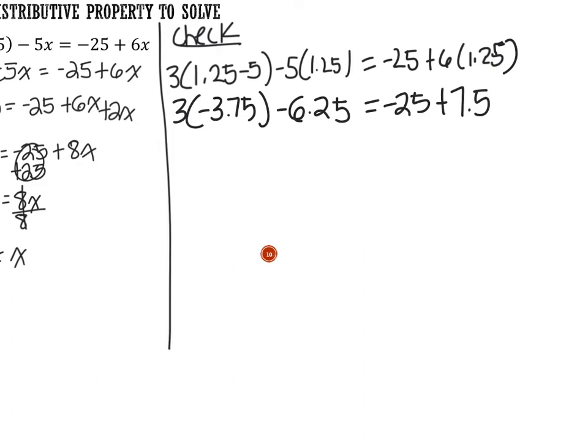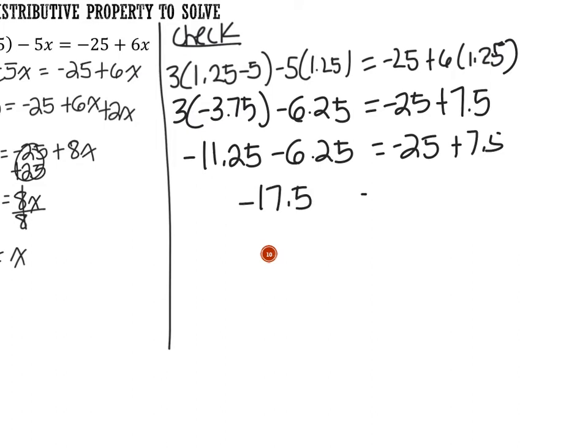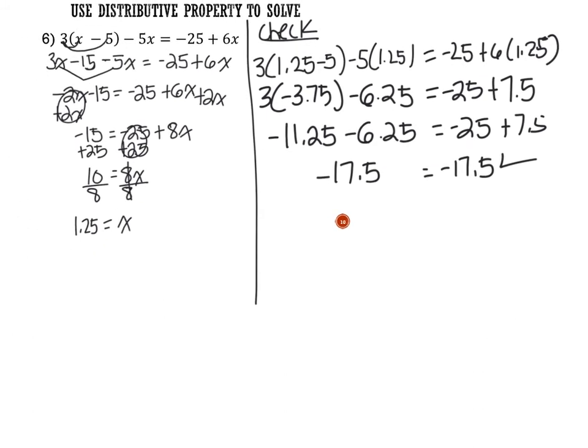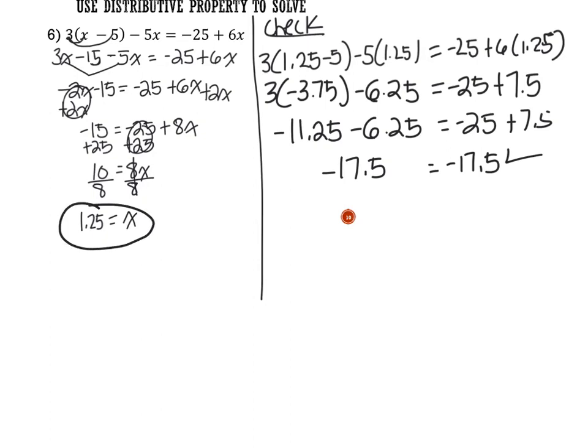Okay? Now, 3 times negative 3.75 equals negative 11.25 minus 6.25 equals negative 25 plus 7.5. So negative 11.25 minus 6.25 gives me negative 17.5. Negative 25 plus 7.5 equals negative 17.5. My answer checks out. So x equals 1.25.